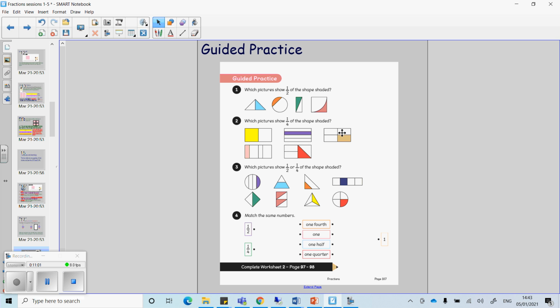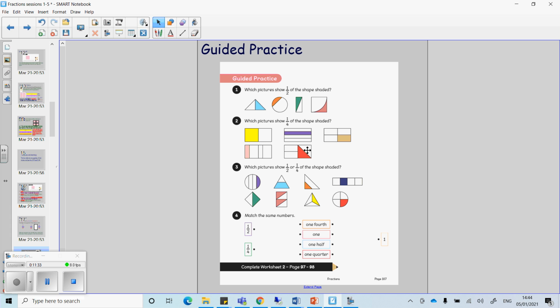This next shape also shows 1/4, 1 part out of 4 equal parts. These two at the bottom are interesting. This shape with the pink shows 4 parts, but they are not equal, so that is not 1/4. However, this shape is very interesting because it shows 4 parts.